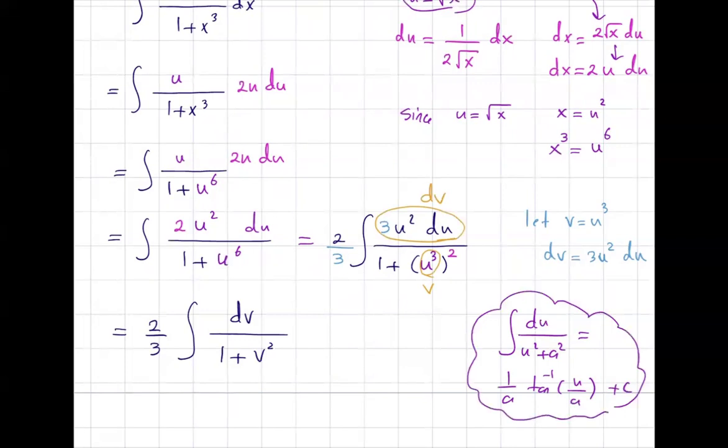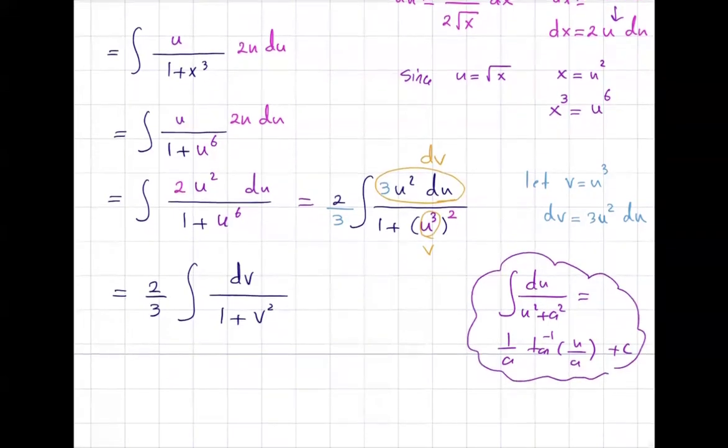You're already familiar with this. My a in this case is equal to 1, and my u is equal to v. So this integral is equal to 2/3 inverse tangent of v plus constant of integration.